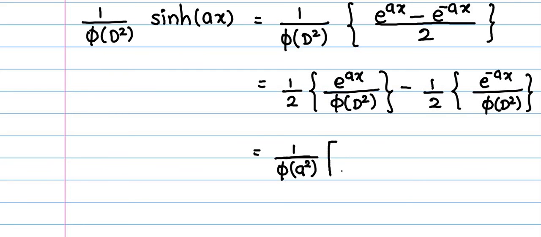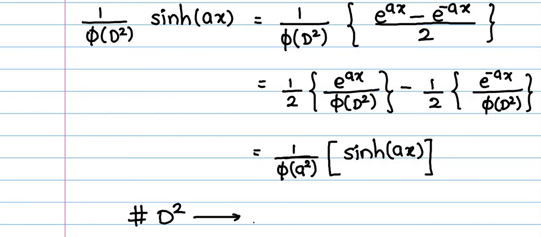That term will be common, and after taking 1 upon phi of a square common, we get e raised to ax minus e raised to minus ax upon 2, which is nothing but sin hyperbolic ax. So this is our shortcut method formula. For hyperbolic function, we replace d square by a square, and in case of trigonometric function, we replace d square by minus a square.